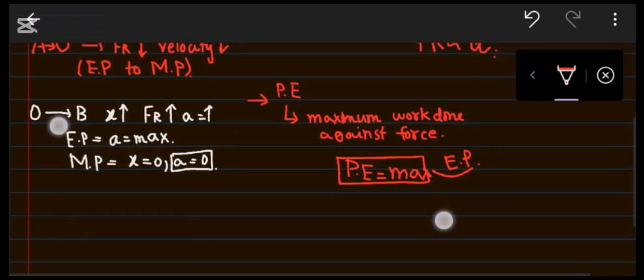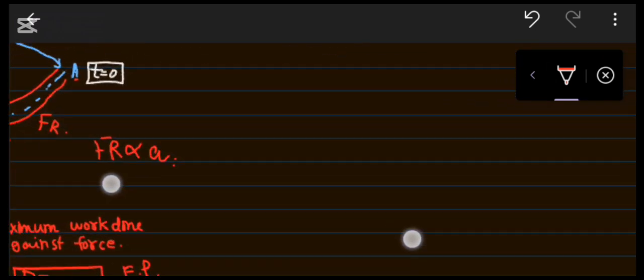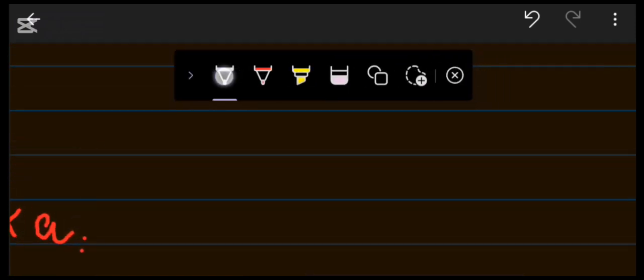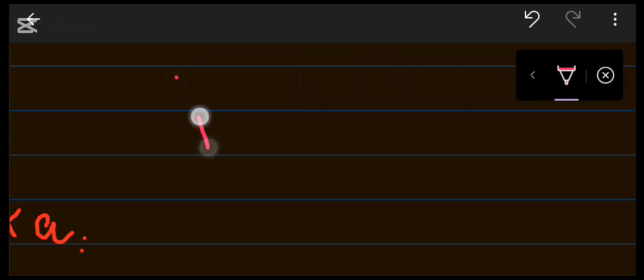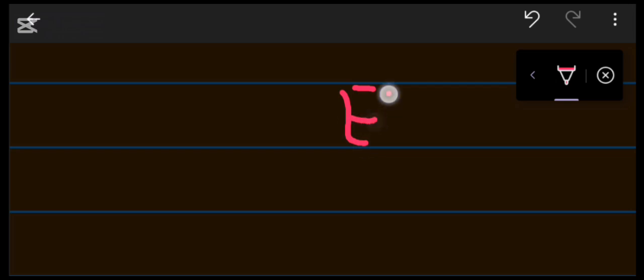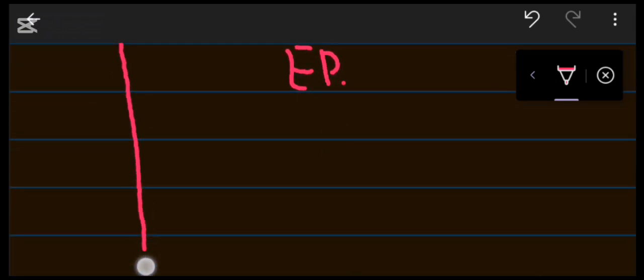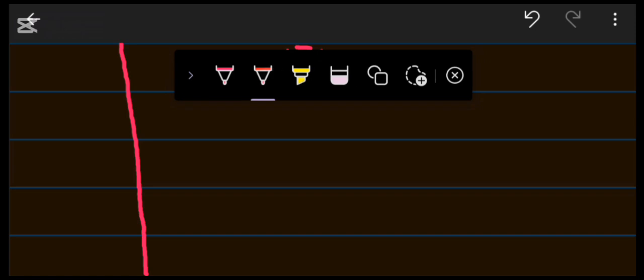So if we conclude what things are minimum or maximum at what position, I can distinguish between the mean position and the extreme position. First of all, we are going to discuss the things at the extreme position.